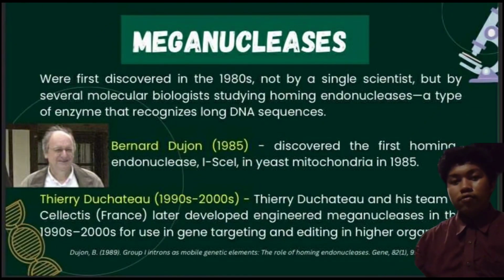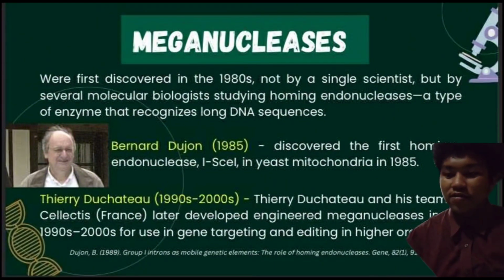Meganucleases were first discovered in the 1980s, not by a single scientist, but by several molecular biologists studying homing endonucleases, a type of enzyme that recognizes long DNA sequences. Bernard Dujon, in 1985, discovered the first homing endonuclease, I-SceI, in yeast mitochondria.